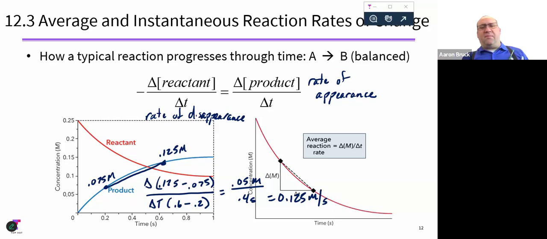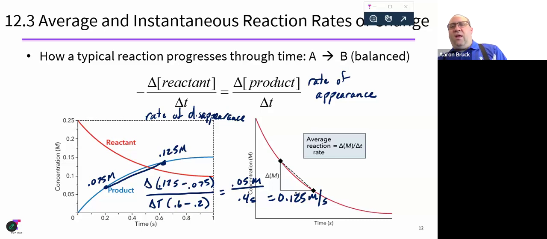But one thing that we'll notice about that is that we can clearly see that these reactions proceed at different rates at different times. The slope of the reaction at the beginning is far steeper, far faster than the slope of the reaction toward the end.